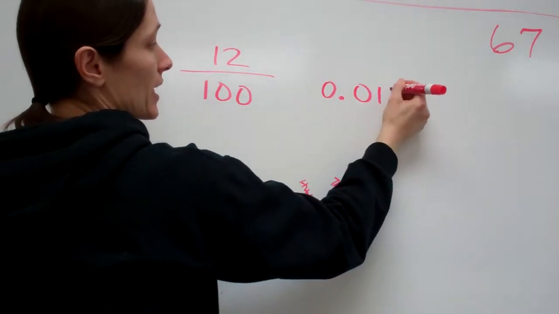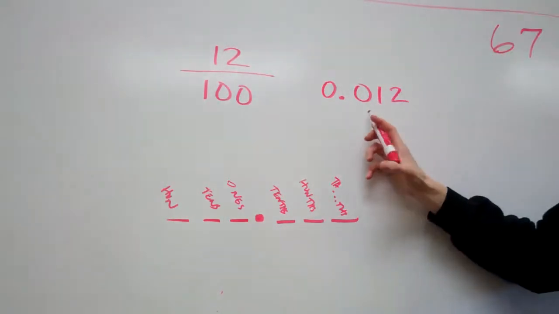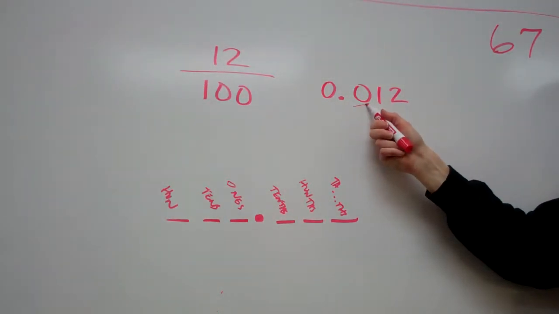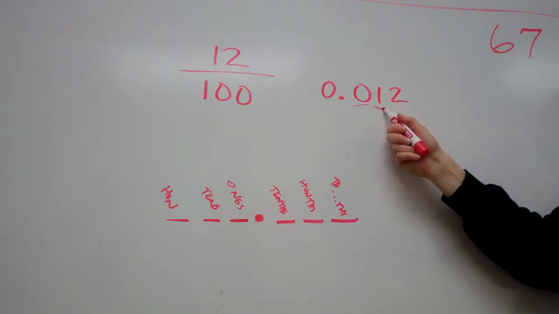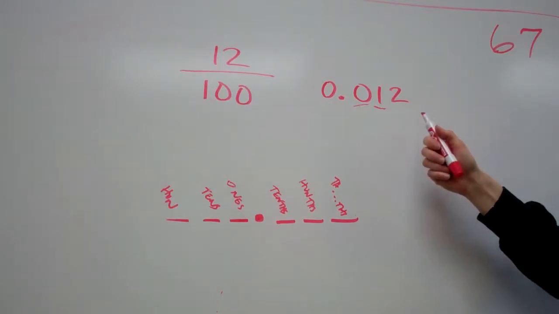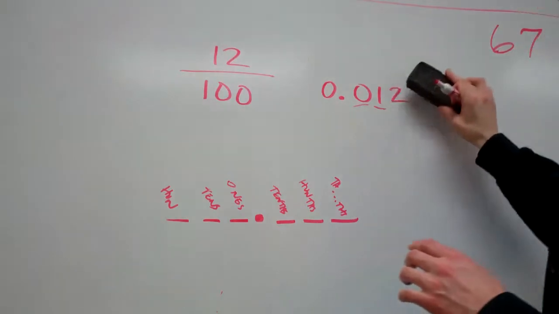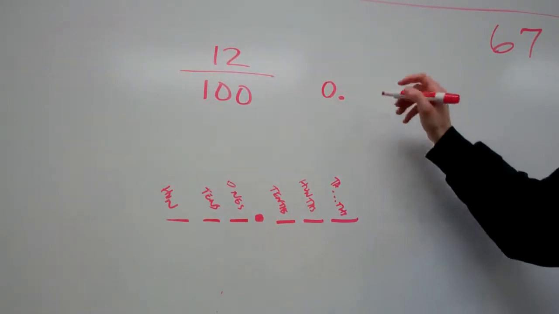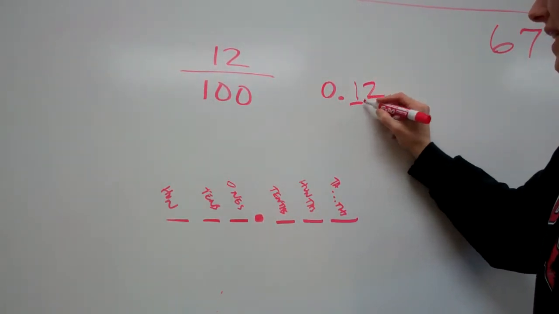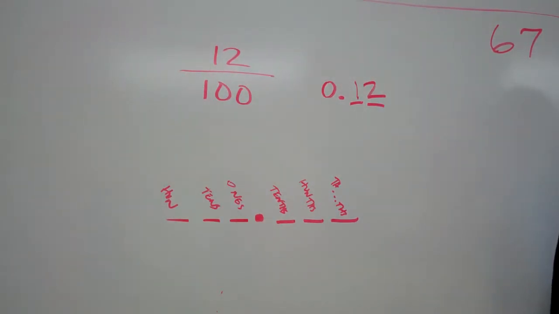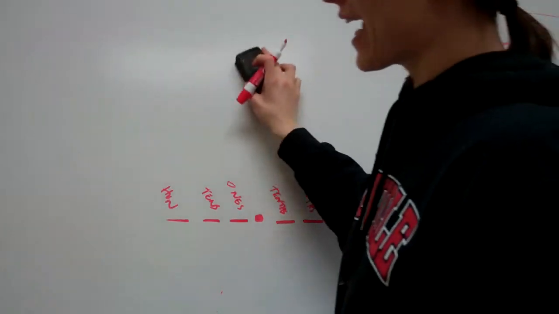Okay, let's check that. What spot is this? Tenths. Hundredths. So it's 1 in the first spot and 2 in the second. Very good. So this would be wrong. It's 0.12, because this would be tenths, hundredths. Everybody feel like they got it?